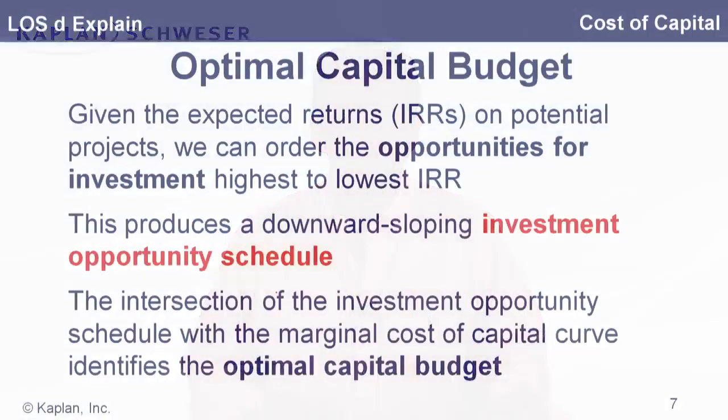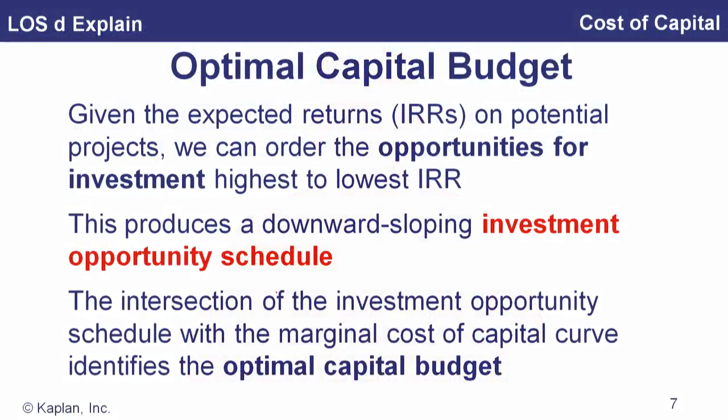But our assumption is this is upward sloping, and this leads to a result where we can talk about the optimal capital budget. And here it is now, the optimal capital budget. So given these expected returns on the potential projects, we could order these projects from the project with the highest internal rate of return to the project under consideration with the lowest internal rate of return. And that downward sloping curve we're going to call the investment opportunity schedule.